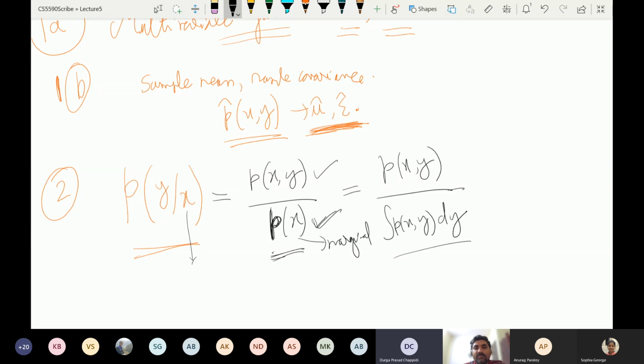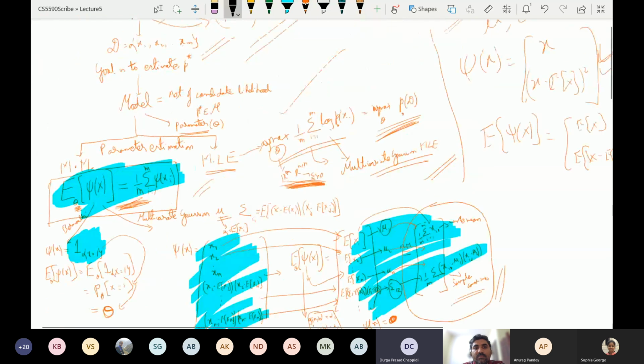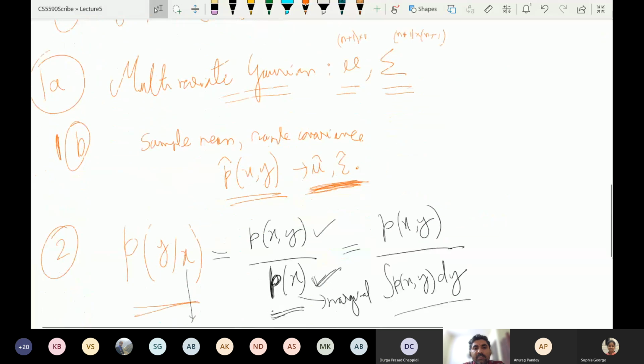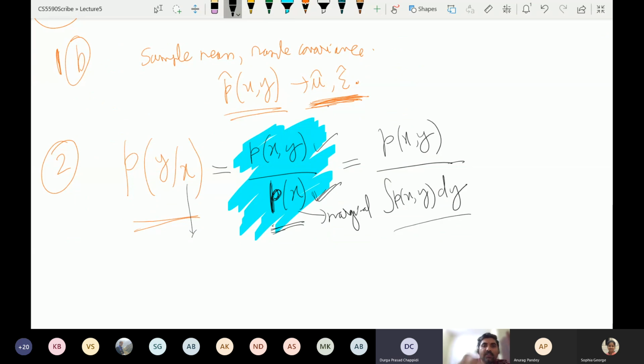One step behind, like p of x comma y by p of x. Are you talking about this? Yes. So exactly, we are doing the integral with the denominator term. So this is the formula, right? This is called marginalizing, right? Okay, fine.